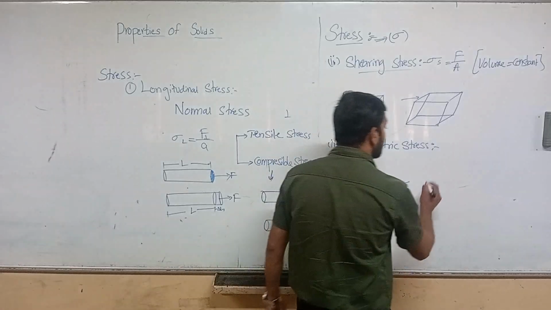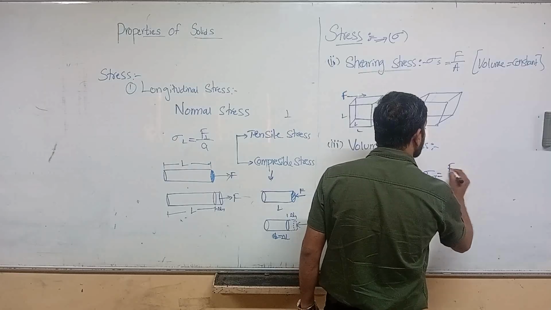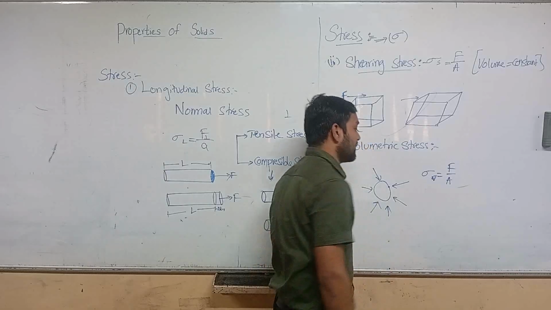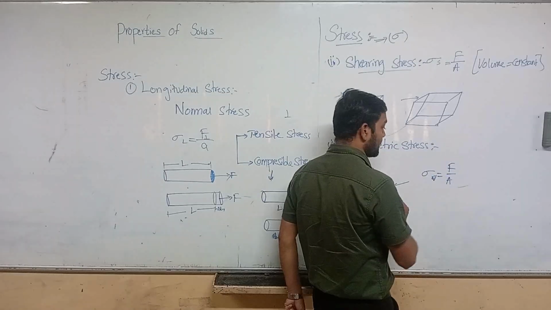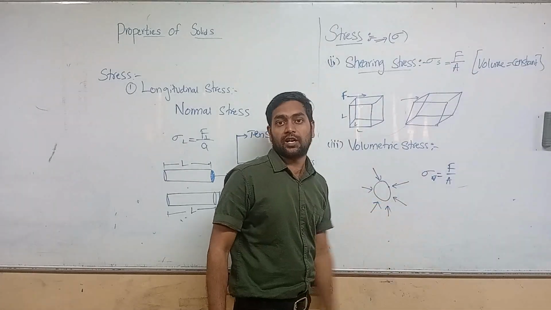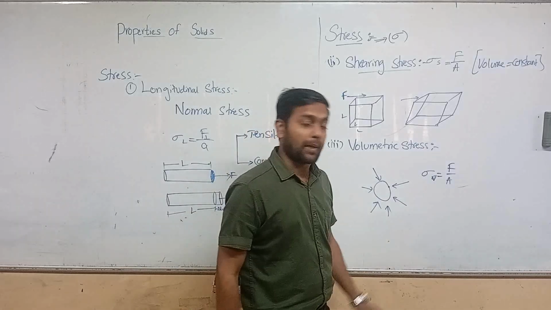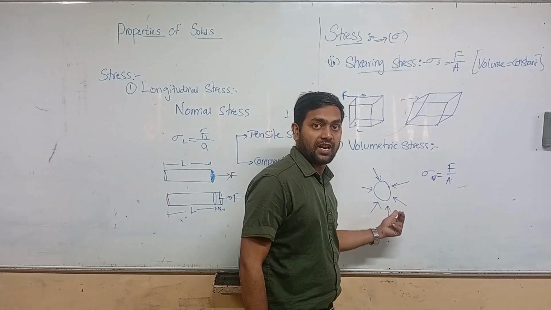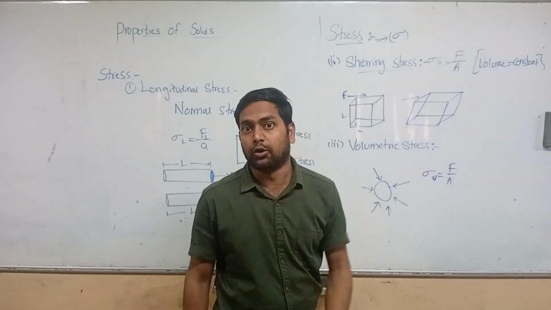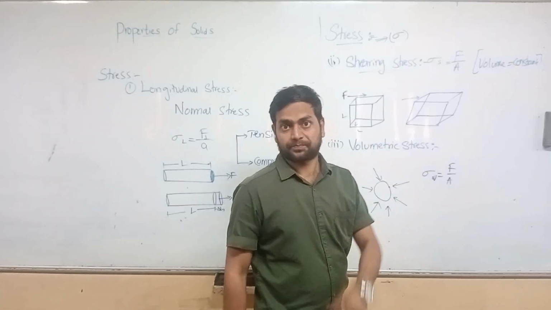So the formula for this also will be S volume, right? So Fv is equal to the force applied per unit area only. Here also the force is perpendicular to this particular area. When a force is applied perpendicular to a particular area in all the directions, then the change in the volume is going to take place. Then we can call that the volumetric stress.